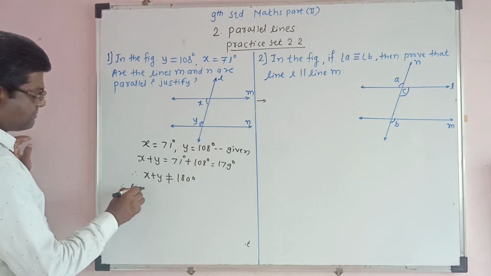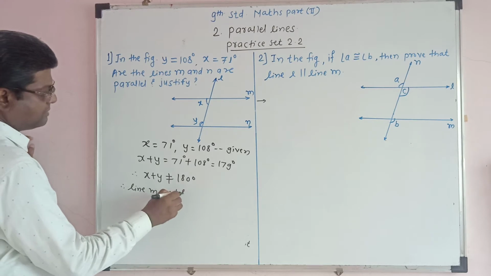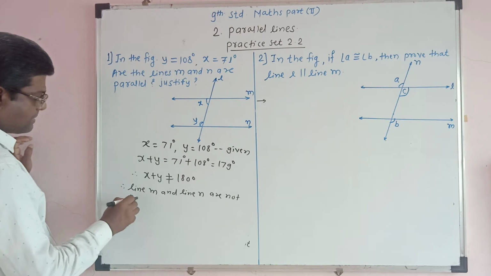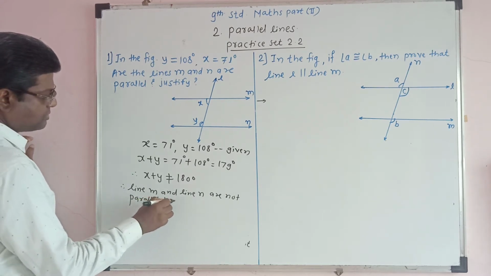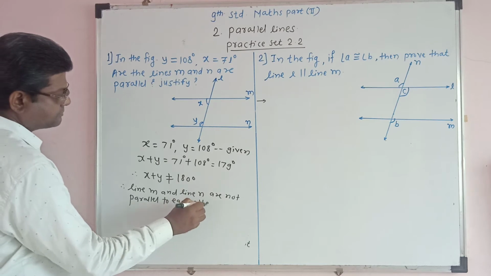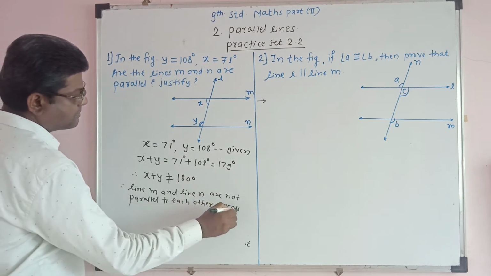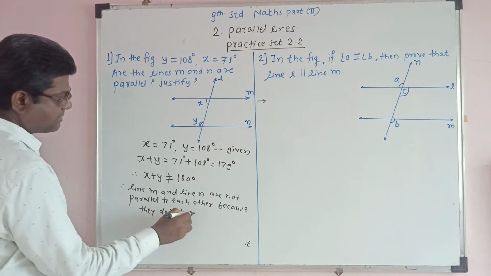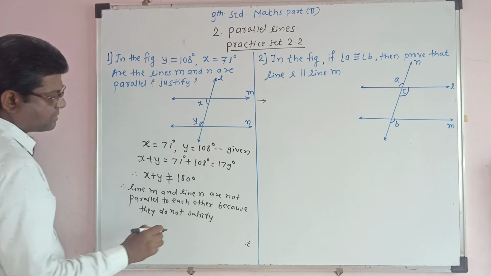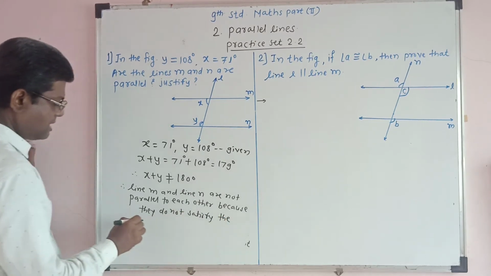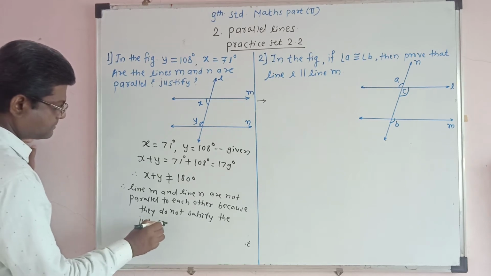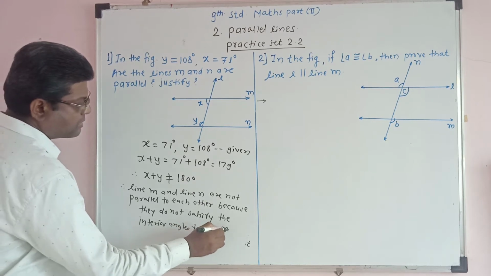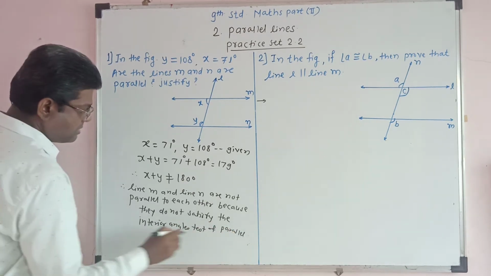Therefore line M and line N are not parallel to each other because they do not satisfy the interior angle test of parallel lines.